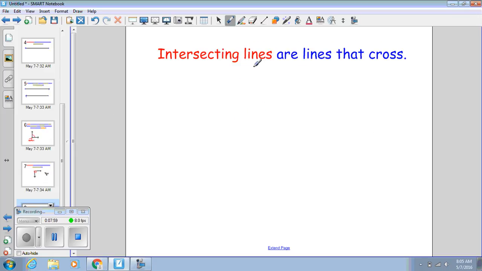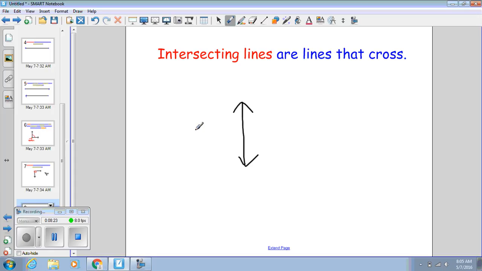All right, now we're going to take a look at two different kinds of lines. We've got our intersecting lines. Intersecting lines are lines that cross. So I'm going to draw a line. It could be a straight line, it could be a diagonal line. This line is going vertically, that means it's going up and down.